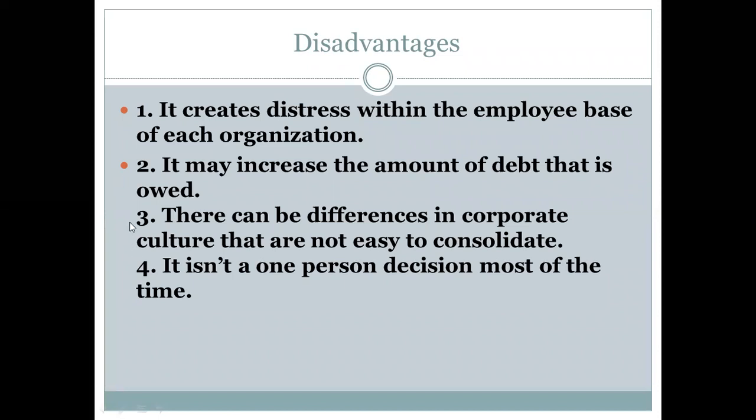So the third point covers that there are differences in corporate culture that are not easy to consolidate. If we take an example, let us say there are two companies, company A and company B. Company A doesn't have any formal process.